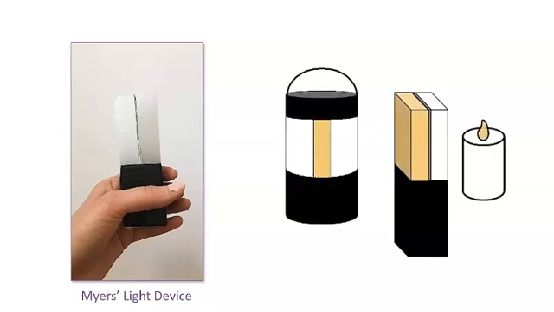Well, the device has 2 sides, so we can compare 2 light sources by placing one on each side of the device. The side of the device next to the brighter light source will glow more brightly, while the side next to the dimmer light source will not glow as brightly.